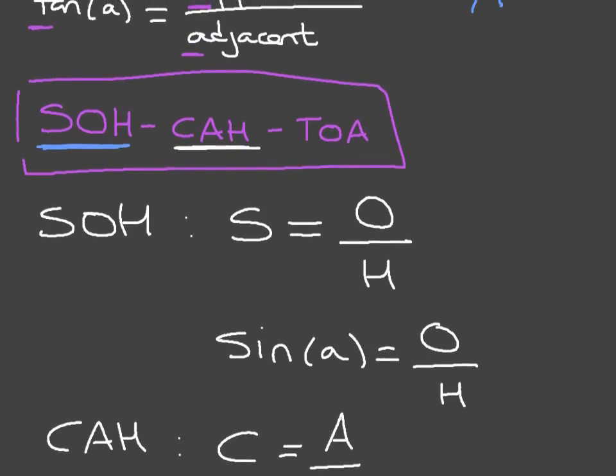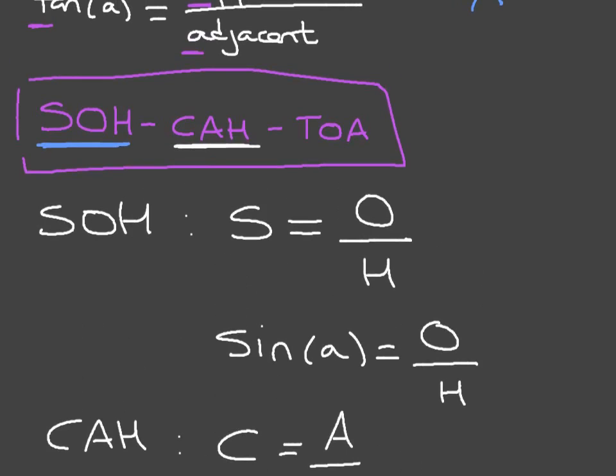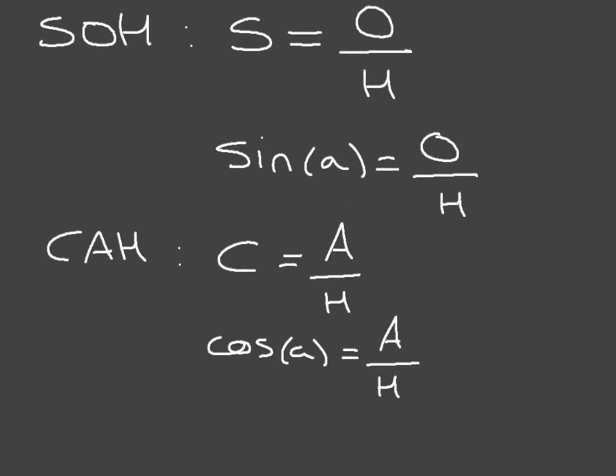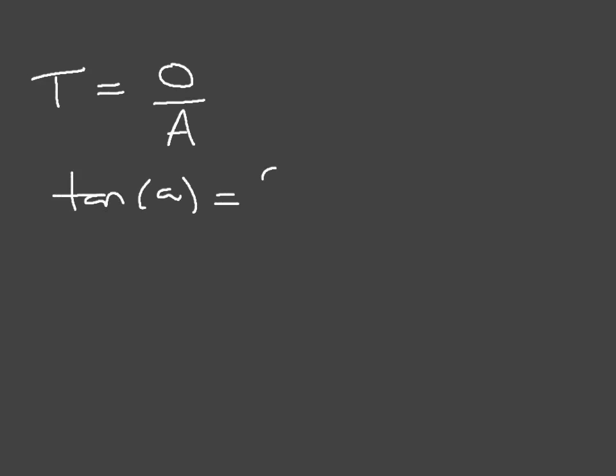Finally, if I look back at the top here, TOA is telling me that T is equal to O divided by A. And so for any angle A, the tangent of A is equal to the opposite side length divided by the adjacent side length.